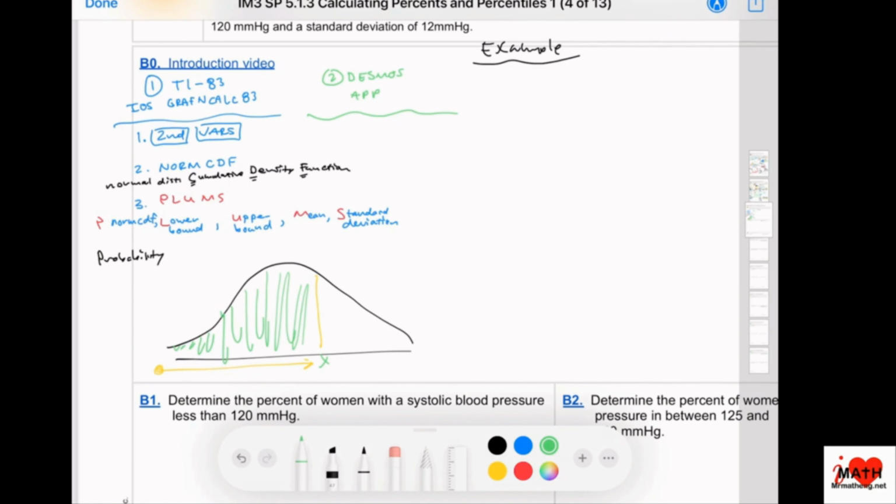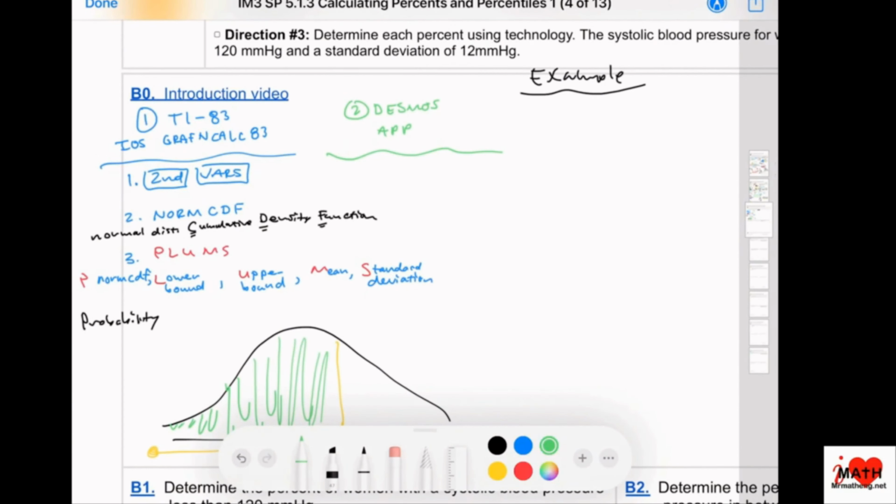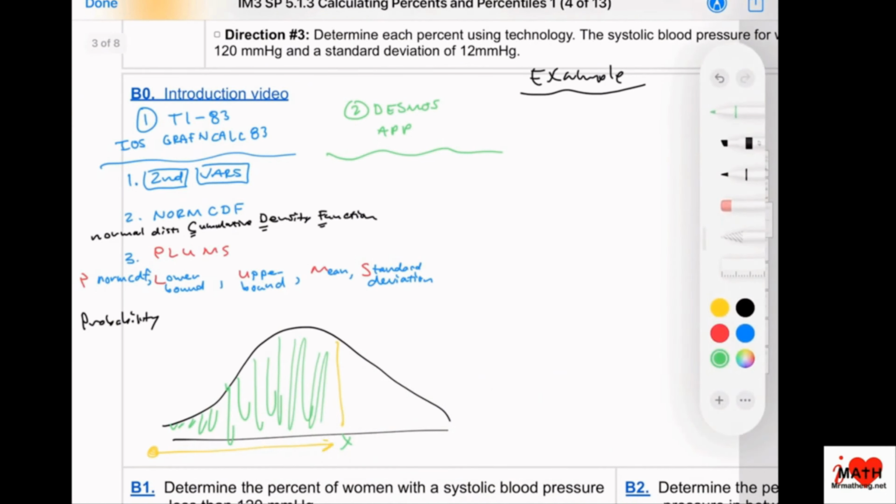Okay, let's get some steps for the Desmos, and then we'll try that example. Okay, so the first thing you're going to click on is functions. And you're also going to look for something called normal distribution.